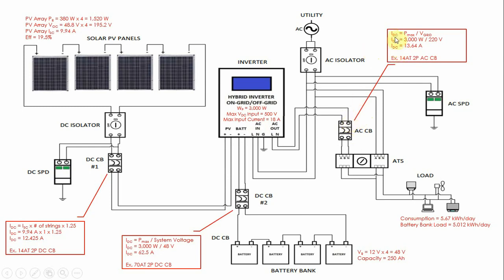Again, this is an error on the slide. This should be AC current. So that's 13.64 amperes. That's the amount of current flowing through here. So in this example, we will choose an AC circuit breaker with a rating of 14 amperes. So that's a 14 ampere trip 2-pole AC circuit breaker.